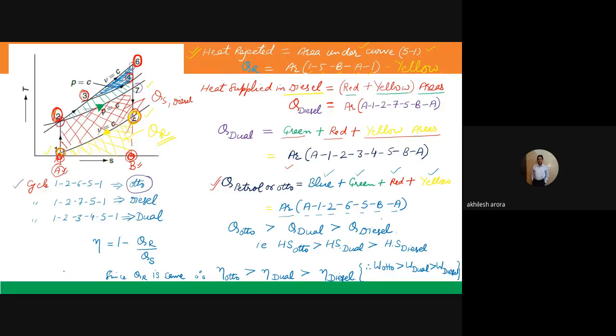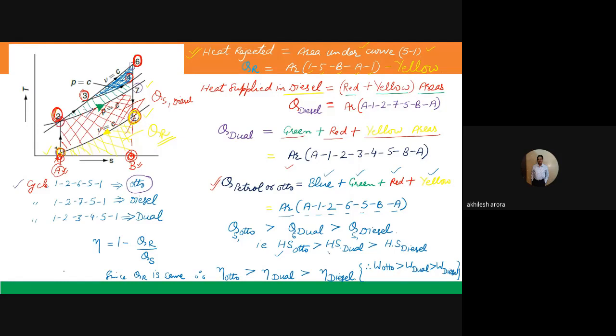If I say this is the heat supplied in Otto cycle, it is more than the heat supplied in the dual cycle, and more than the heat supplied in the diesel cycle. So it's quite evident that the heat supplied in Otto cycle is more than heat supplied in dual cycle, which is more than heat supplied in diesel cycle.